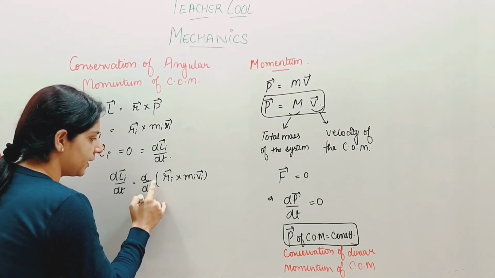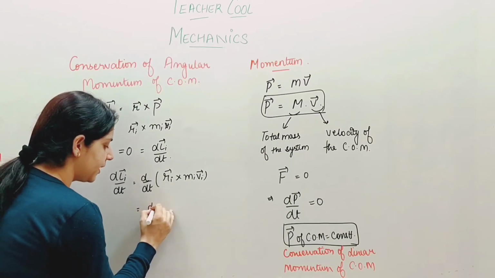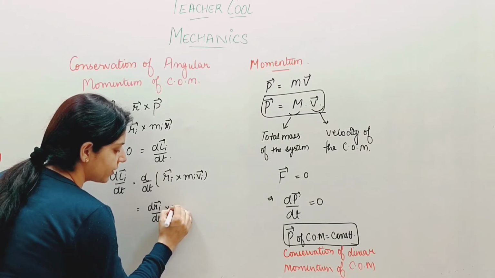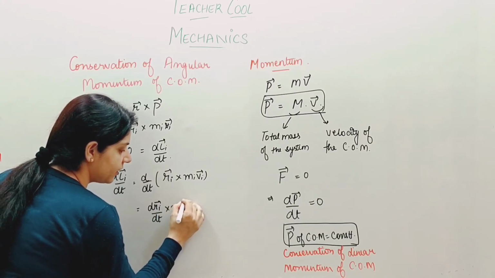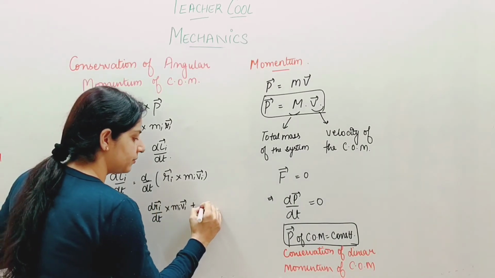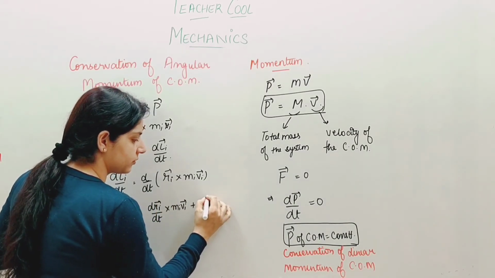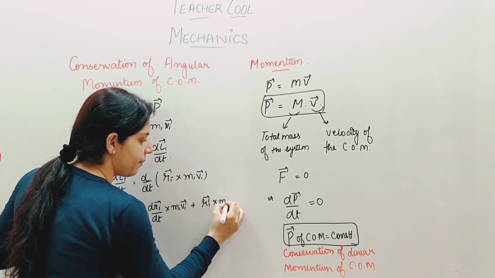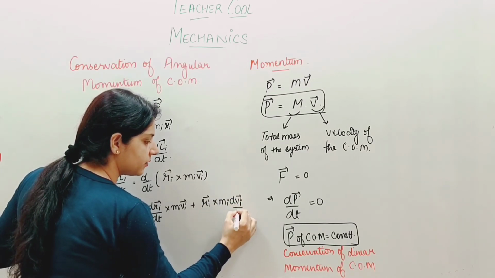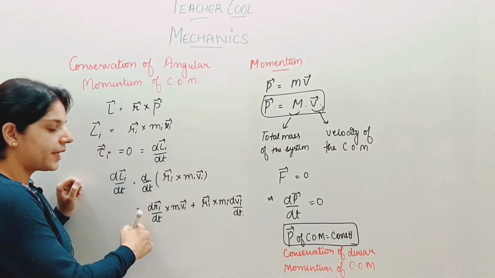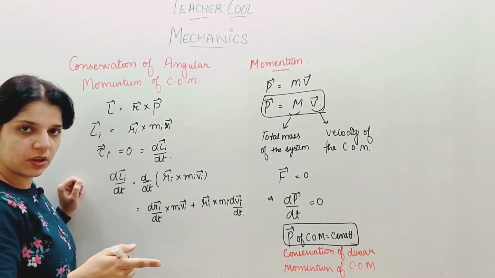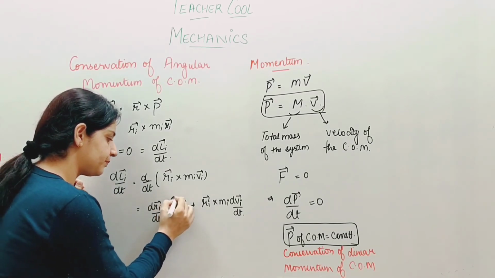I will get dRi vector by dt cross Mi Vi vector plus Ri vector cross Mi dVi vector by dt. dR by dt is nothing but the Vi vector, and Vi cross Vi will always be 0.